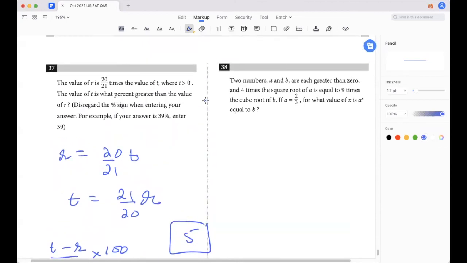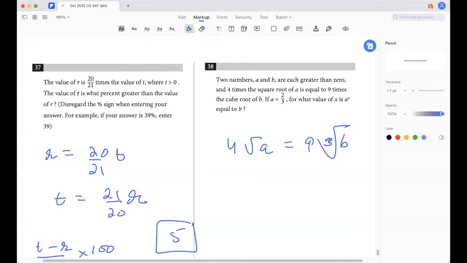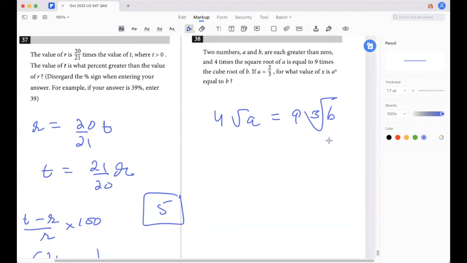Two numbers a and b are each greater than 0, and 4 times the square root of a is 9 times the cube root of b. If a is 2 by 3, for what value of x is a to the power x equal to b? Okay. Let me just solve this first. So 4 times root 2 by 3 is 9 times cube root of b.